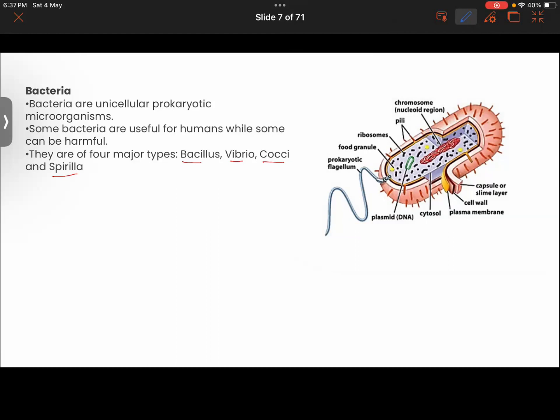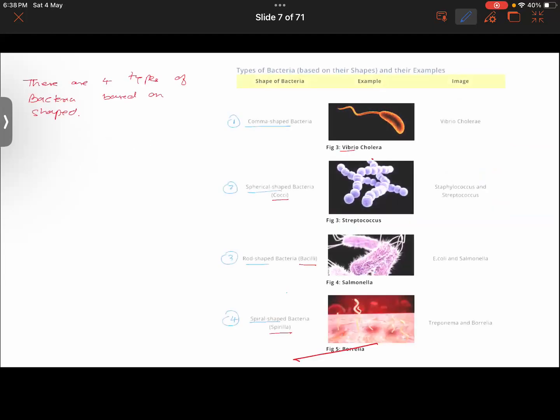Bacillus. Yes, Bacillus is the correct one. Then which one is the spherical-shaped bacteria? It's the cocci. We have examples like Streptococcus. Spirilla is spiral-shaped. From the name also it is evident.